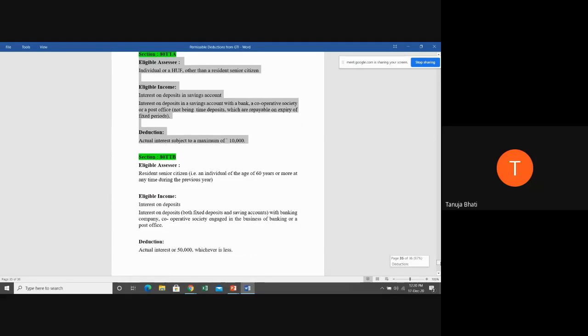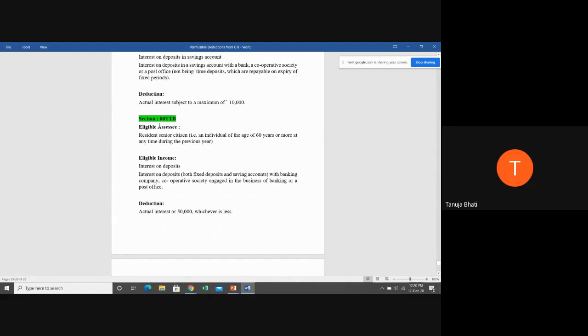Section 80TTB is the same as section 80TTA, but section 80TTB is applicable to a senior citizen. Section 80TTA was applicable to a non-senior citizen, but section 80TTB is applicable to a senior citizen when he is getting interest on deposits. Interest on deposits can be fixed deposits or savings account deposits, and the deduction will be actual interest or 50,000, whichever is less.